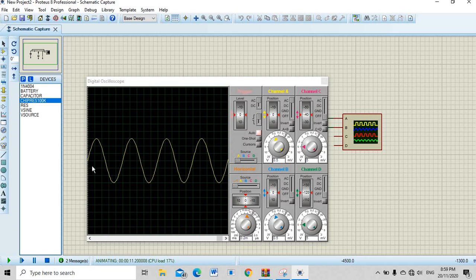The output is static, not moving like the input, but has the same amplitude and V peak to peak. Let's compare the input and the output. As we can see, the sine wave is the same for input and output. So this is the sine wave of the clamper circuit in part 2.